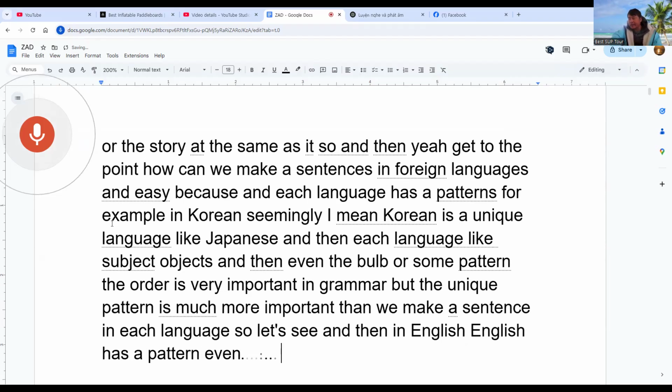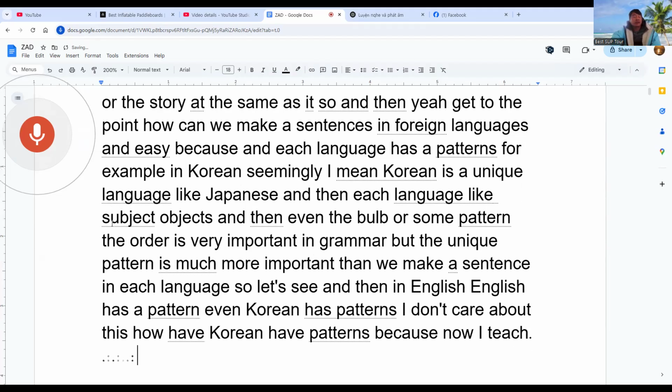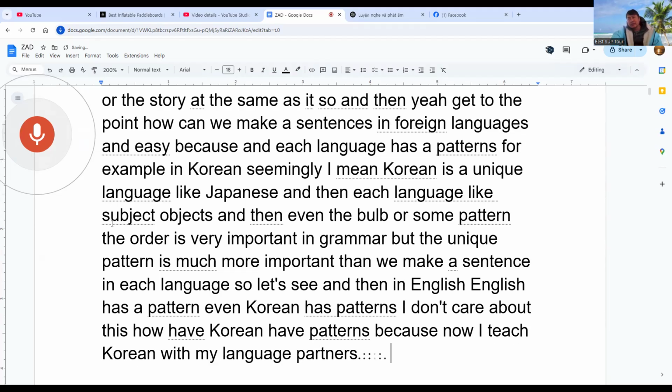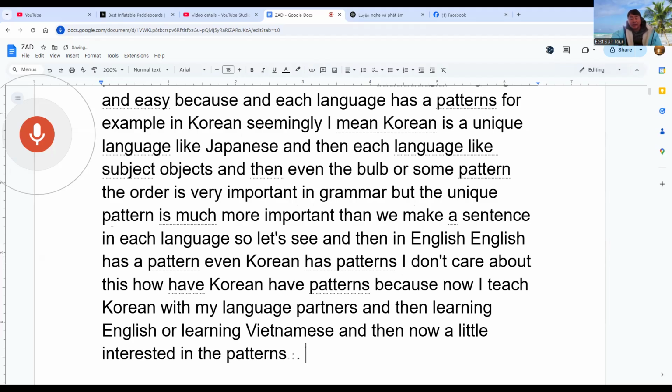Even Korean has patterns. I didn't care about how Korean has patterns, but now I teach Korean to my language partners and learn English and Vietnamese, so I'm a little interested in the patterns of the Korean language.